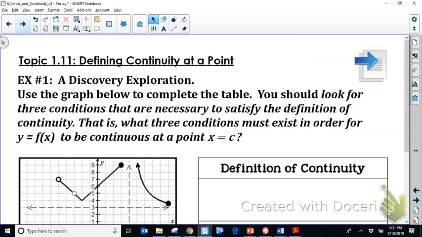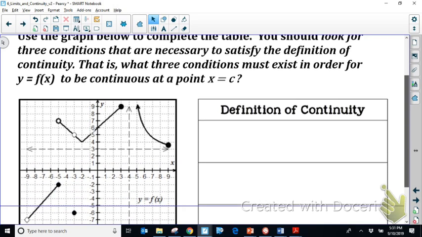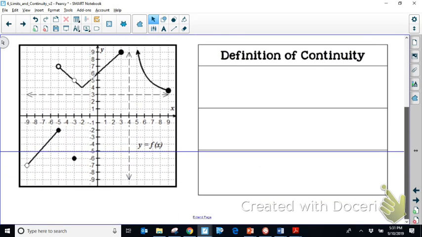So moving on to the definition of continuity, these are the things that you need to be able to use in justifying whether something is continuous or not in a calculus environment, either in a calculus class or on an AP exam. First of all, you have to be able to say that the function is defined at that point, meaning that if I plug a number in, I will get a number out.